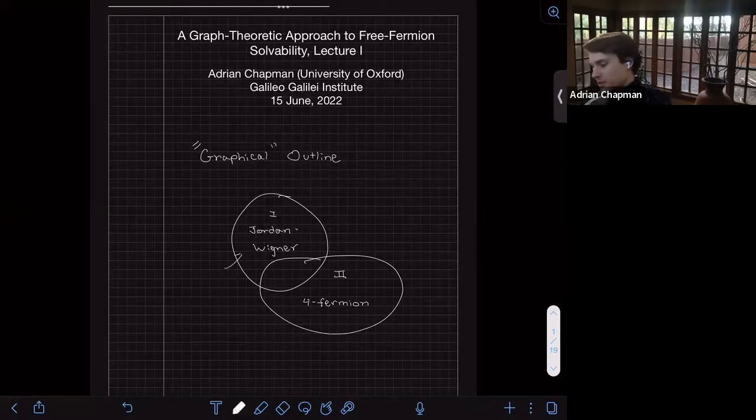As I said, the first class coincides with what are called line graphs. And the second coincides with what are called even-hole claw-free graphs.